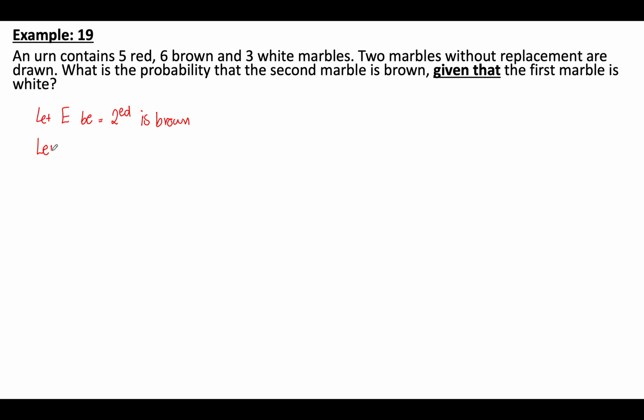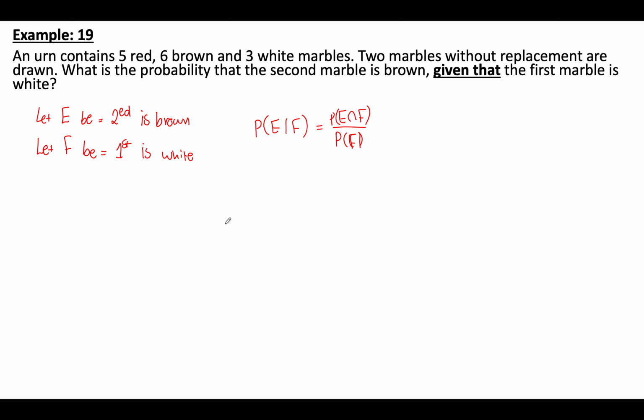Then let F be the event that should occur first, which is the first marble is white. Now, in order to find the probability of E given that F, I first need to get the probability of the intersect over the probability of F.